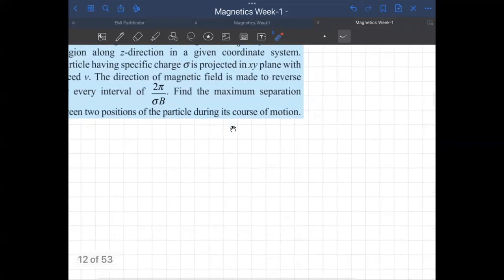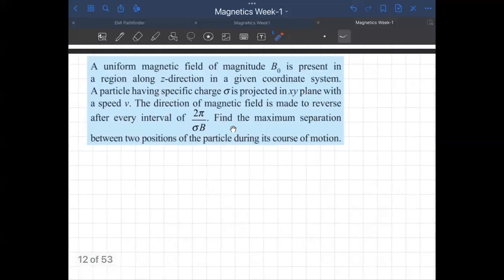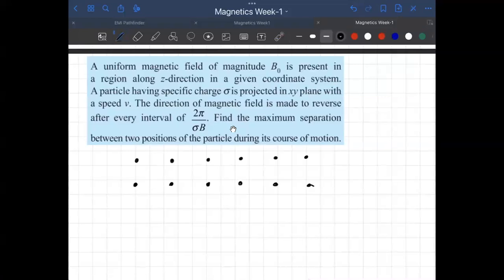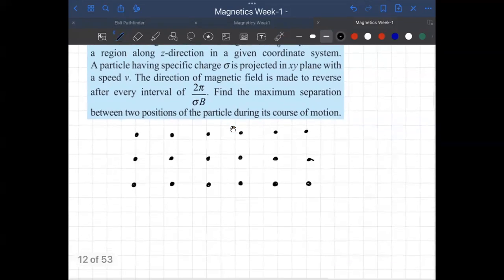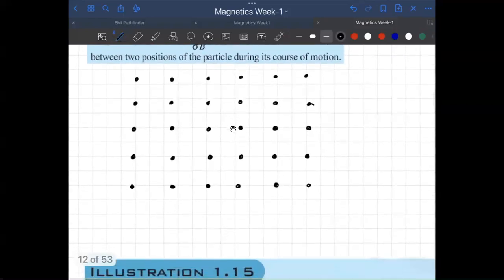Positive Z is towards us, which means I am assuming that there is some inward magnetic field. Outward, sorry. It should not be inward, it should be outward.